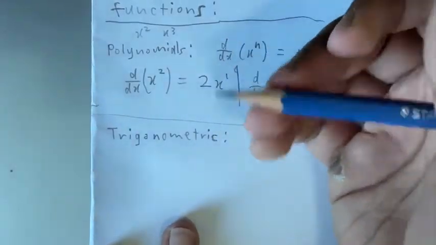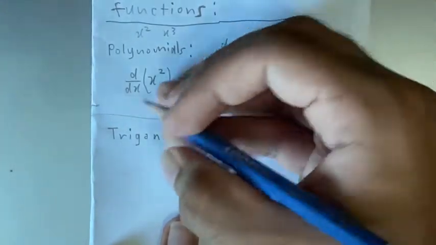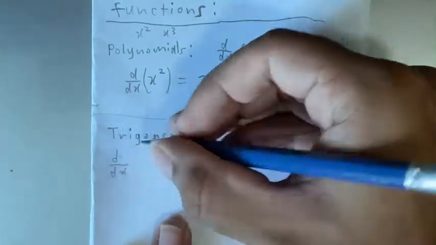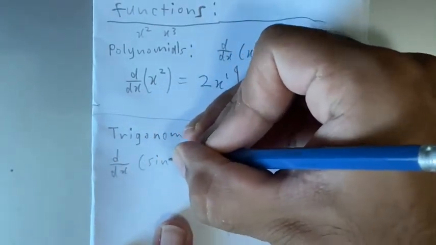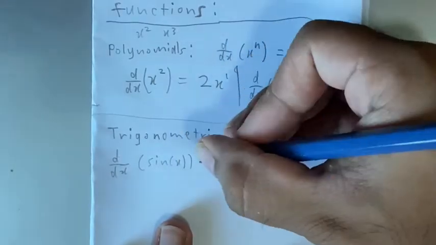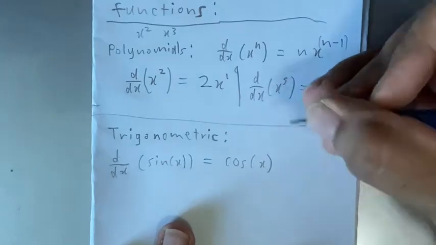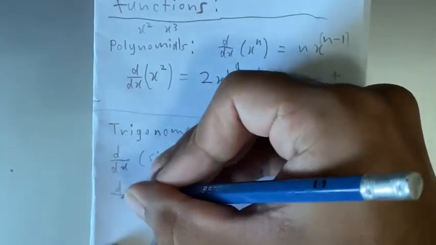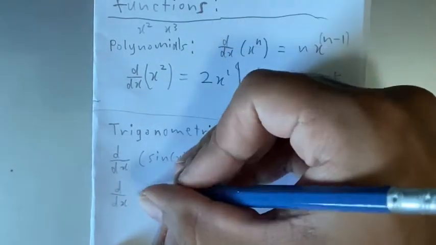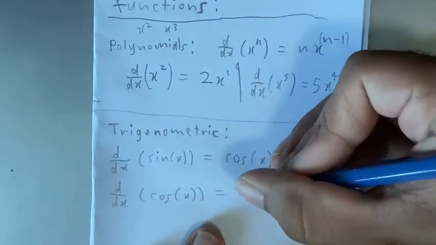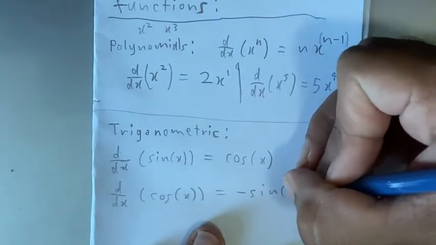So if you're doing d by dx of sine x, then that becomes cosine x. Then if you do cosine x, that becomes minus sine x.